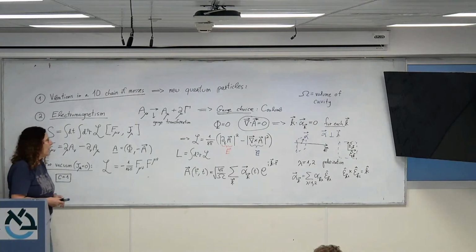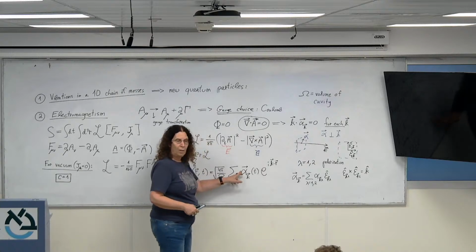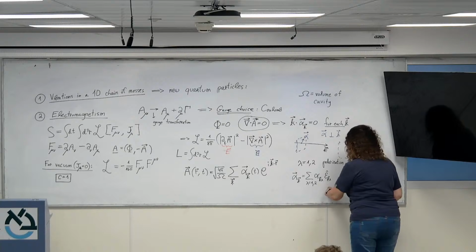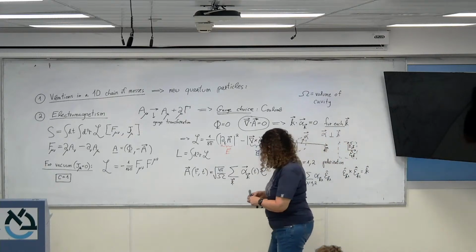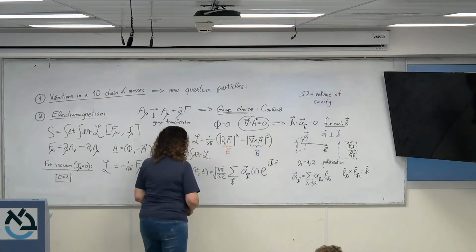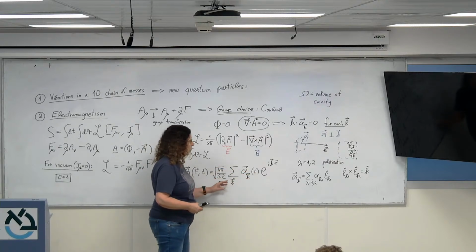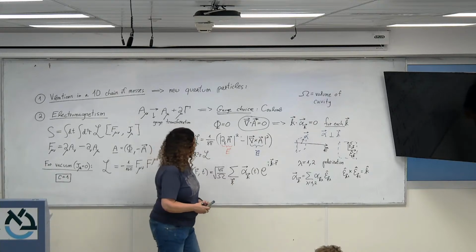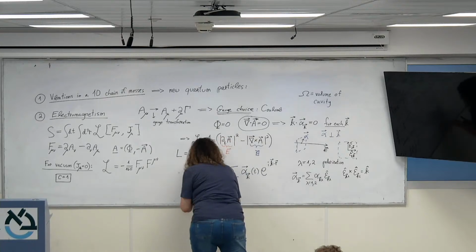So with this expansion in mind, where each of the alpha is a sum over mode, I now have a representation of A as a sum over components where the sum is both on k and lambda. Let me just write it explicitly.